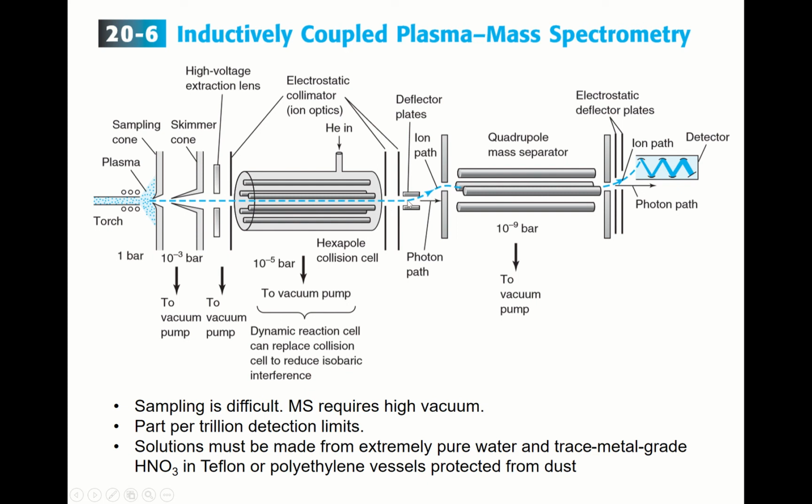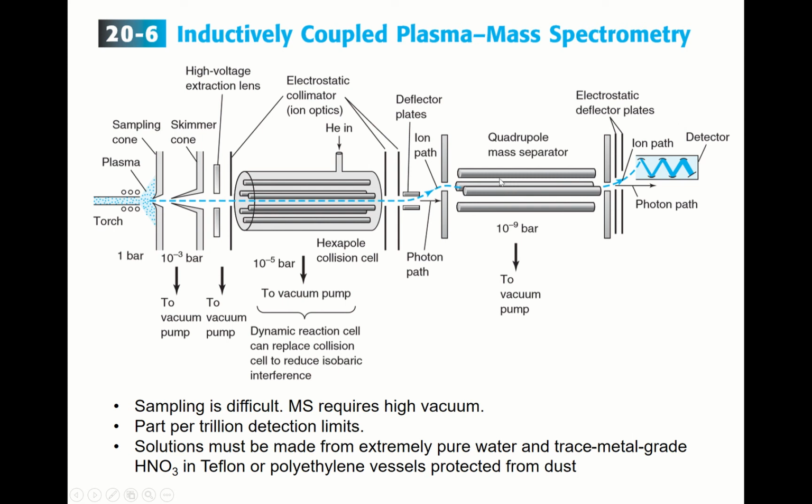And then it passes through this barrier and enters the quadrupole mass separator. This is a quadrupole, because it has 1, 2, 3, 4 poles. You will see the principle of this quadrupole mass separator.